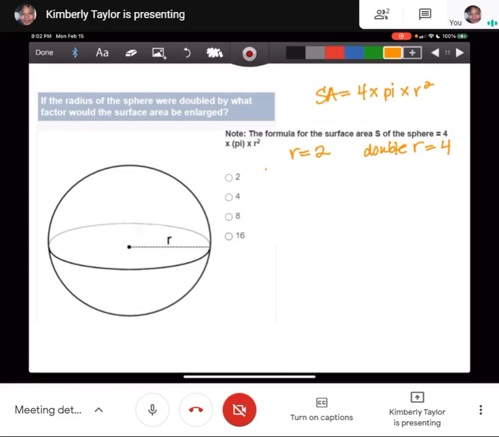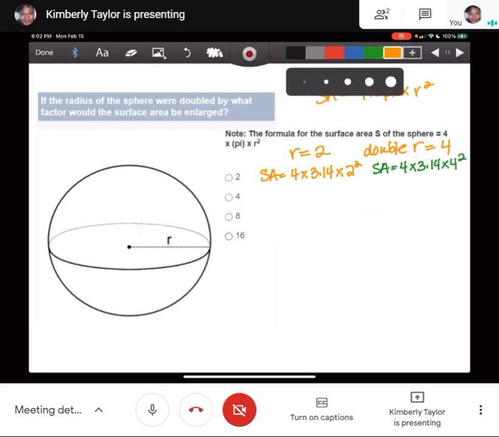So the first one, surface area, is 4 times 3.14 times 2 squared. And then the other one is going to be surface area is 4 times 3.14 times 4 squared. So let's do this one first, the one in yellow.